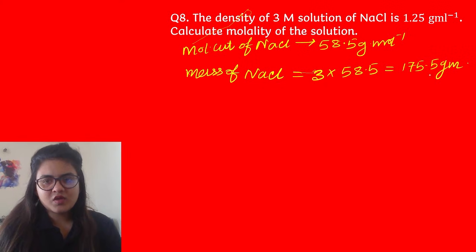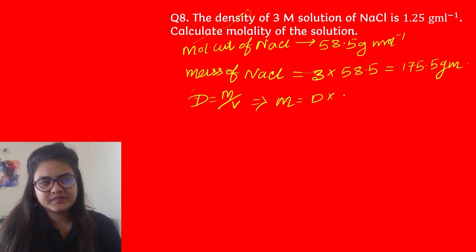Right? Now we have the density. So D equals m by V, we know. From here I can calculate the mass. So mass equals D into V. So mass equals, density is given as 1.25.